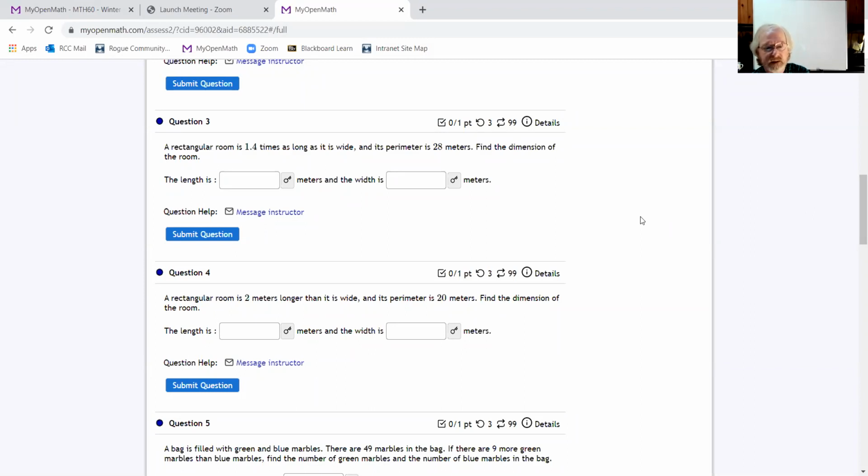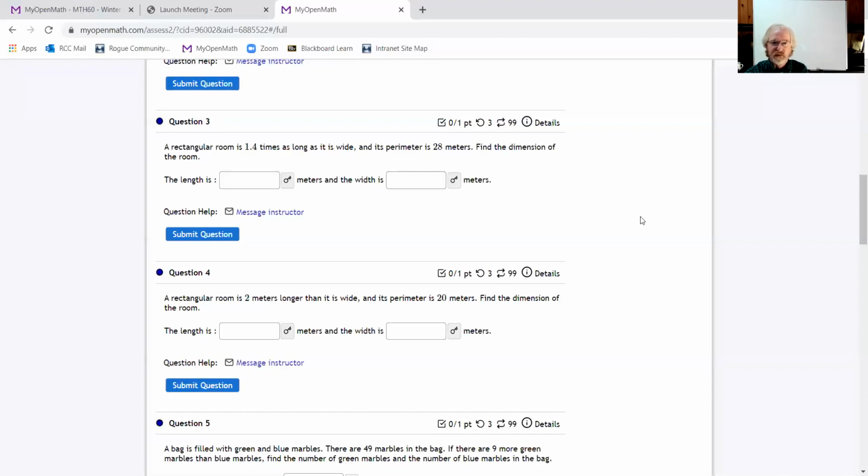The length is 1.4 times the width, I think is what this problem is implying, right? So there's your second equation. The length equals 1.4 W is what I would come up with. Hope that makes sense. This perimeter kind of problem is one that has been working well for us as a substitution problem, even before we knew what we were calling it substitution, right?